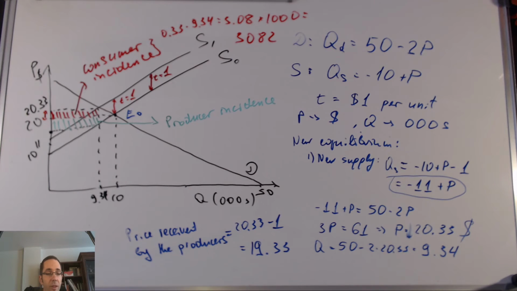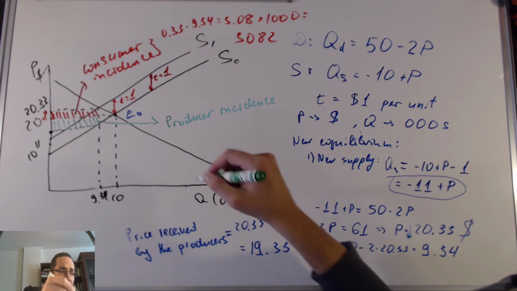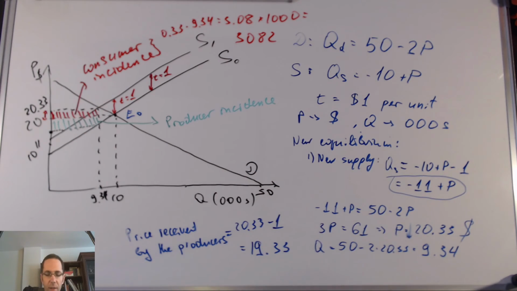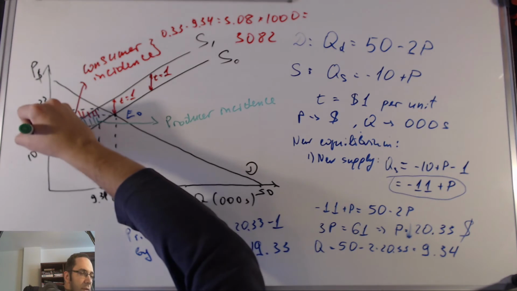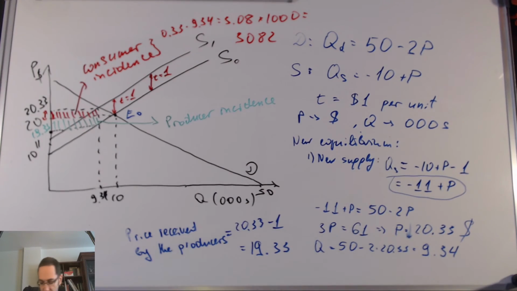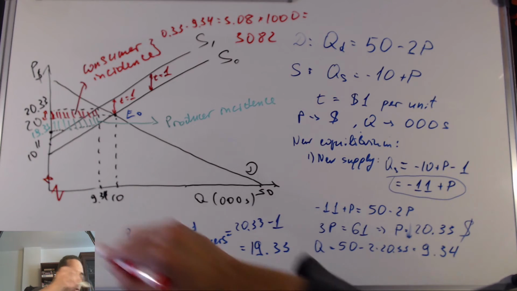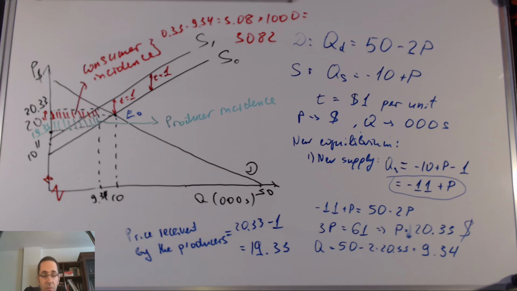And if we want to do the same for the producers, let's get the green color. It would be the remaining 67 cents that the producers are paying from the tax. So that's the difference between 20 and 19.33. Remember, this was 19.33. Obviously, this diagram is not drawn to scale, guys. I can break the axis here like this and like that, just to illustrate that we are not to scale.